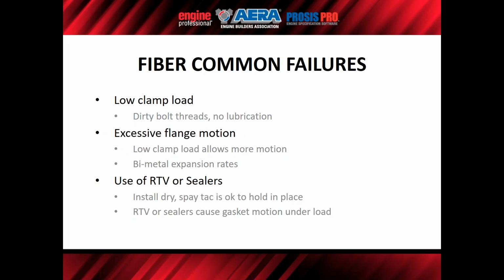So they're moving differently, and that causes just this minute amount of motion in the joint. So when you combine that flange motion that's normal with low clamp load, you'll end up scrubbing that gasket to the point where the fiber will break down and create a leak path. So it's important to get that clamp load right and get that taken care of.